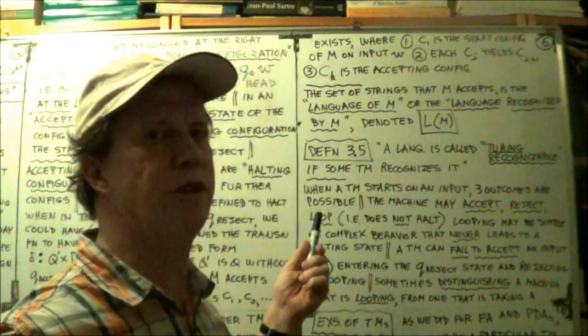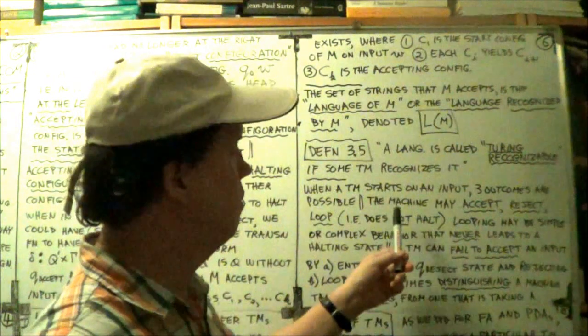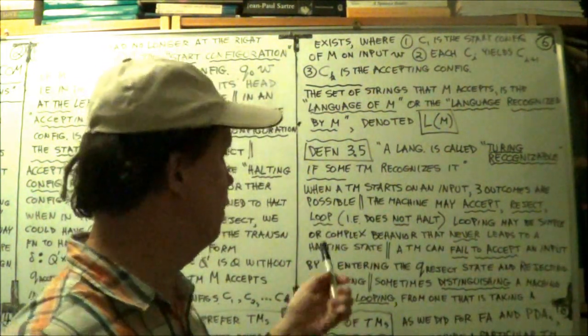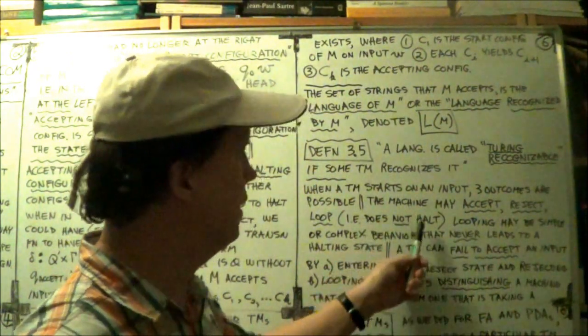So this kind of loop here is an infinite loop, right? So the machine either accepts, rejects, or goes into an infinite loop. It loops. In other words, it doesn't halt, in the sense that it cannot halt.